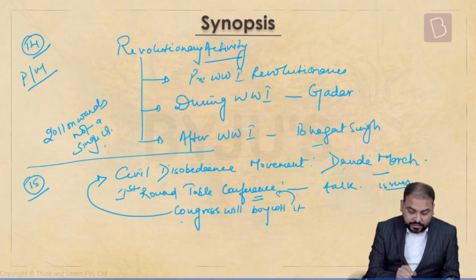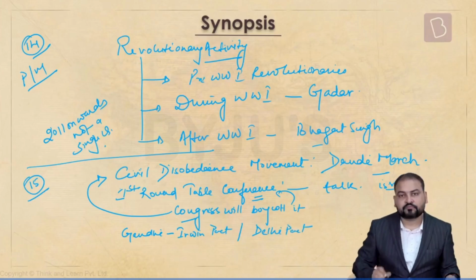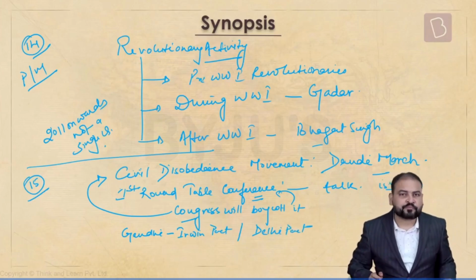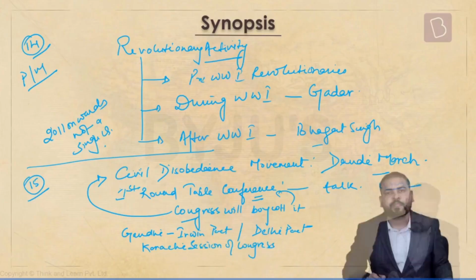So in order to bring Congress, now there will be the Gandhi-Irwin Pact, also known as your Delhi Pact. Congress has to be invited. And the ratification of this pact will happen in the Karachi session of Congress.